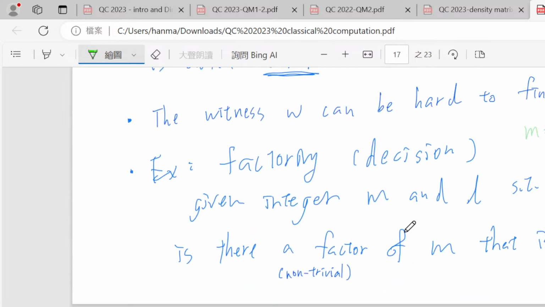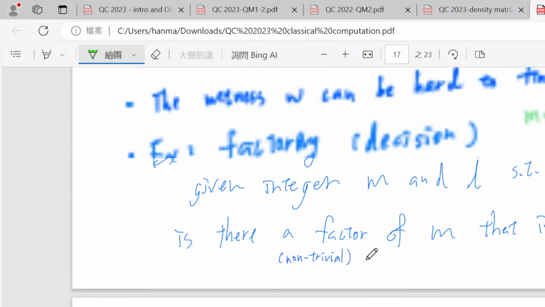The decision version is a bit funny. We are given the integer m that we want to factor, and we give some cutoff L, and we want to say whether there is a factor p that's less than L. So it becomes a decision problem.